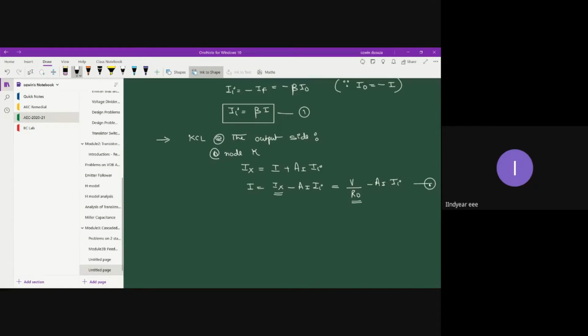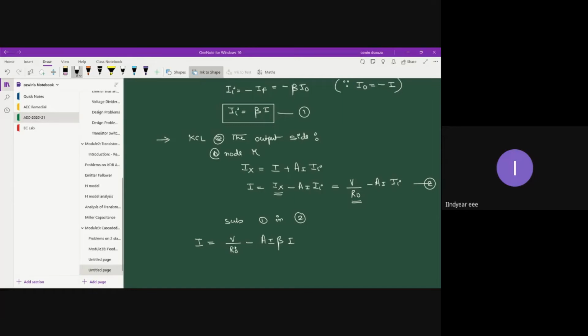Let's take this as equation 2. Now substitute equation 1 in place of II. So I get I is equal to V by R0 minus AI into beta times I.